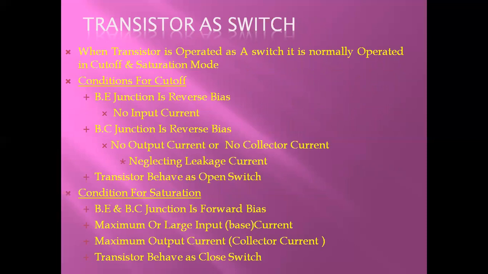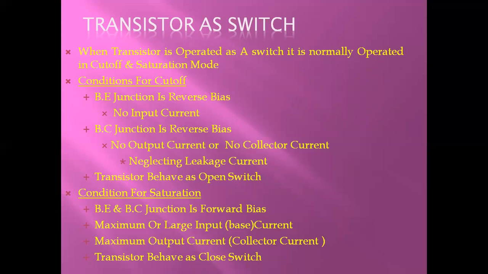Active mode initiates and increases the signal strength. The saturation mode has both junctions forward biased, whereas in the cutoff condition both junctions need to be reverse biased. We'll have a detailed look at the conditions for cutoff mode and saturation mode.